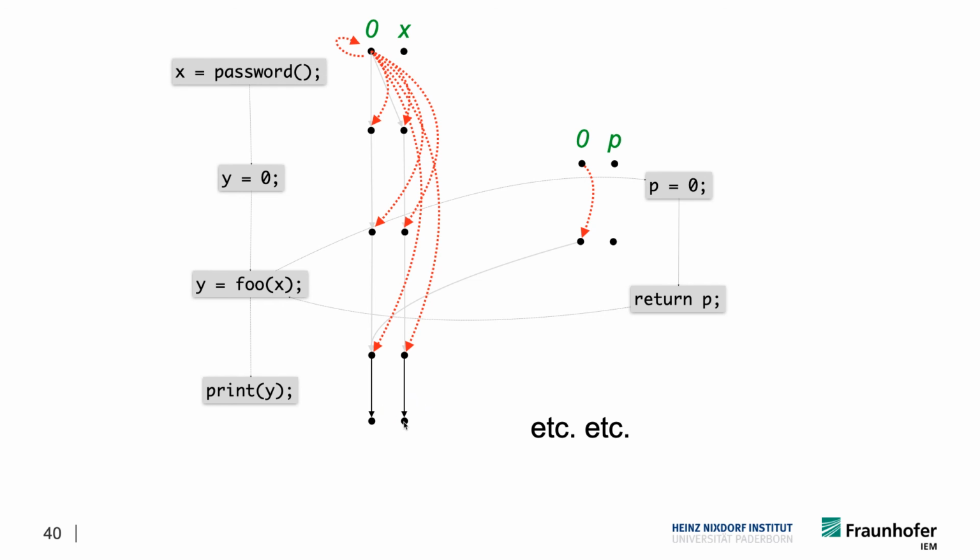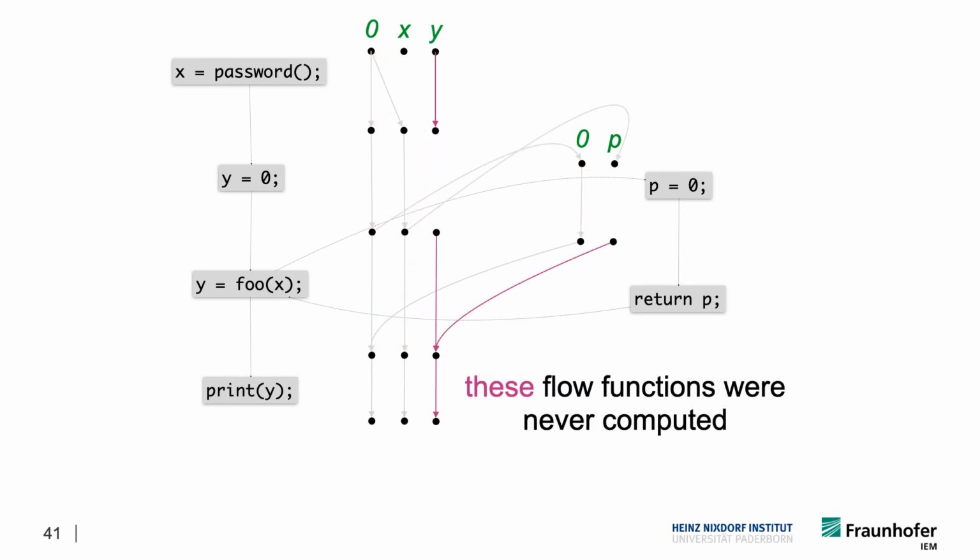But something that I want to point out now is the following. So first of all, we were able now to compute these summary functions, which is nice. But also secondly, if you now look at the flow function computation, so the solid edges that we have here and also there, and you compare them to what we had earlier in the approach that was not on the fly, then you will see that these purple flow functions in the on-the-fly algorithm were actually never computed, right?